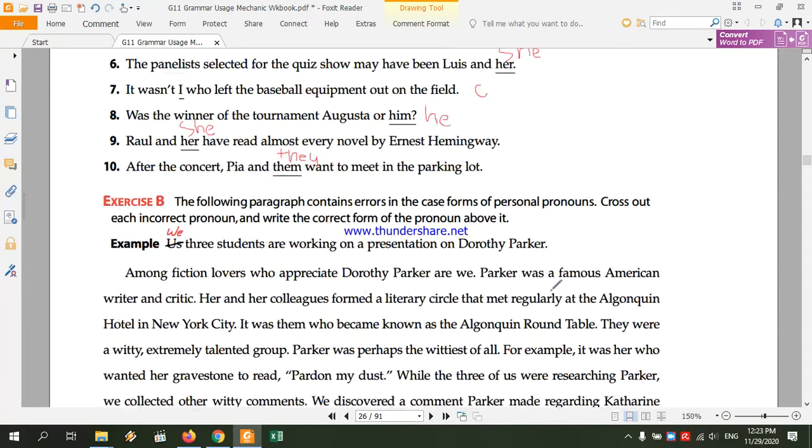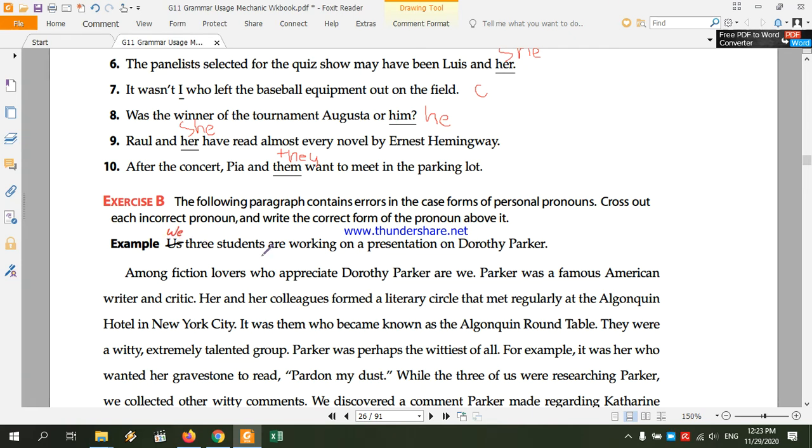Now let's move to exercise B. Here we have a paragraph that may contain some errors in the case forms of personal pronouns. We're going to cross out the incorrect pronouns and write the correct ones above them. Example, us three students are working on a presentation on Dorothy Parker.